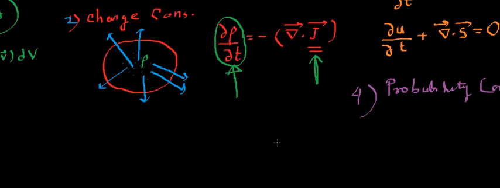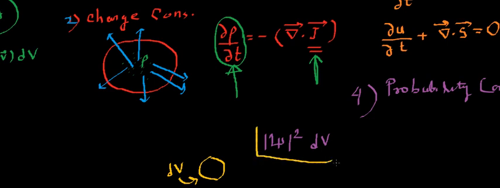Quantum mechanics has something called psi that represents a particle, and psi square tells you the probability to find a particular particle in a particular region. If you do psi square dV, then you are asking what is the probability of finding the particle in a small region dV. So in a small region dV, the probability of finding the particle is given by this expression.